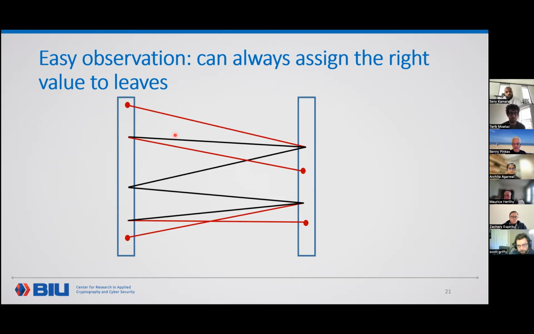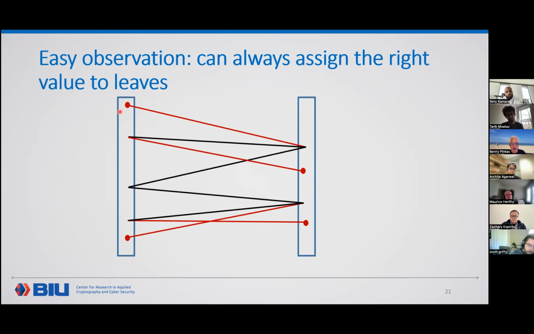What we see is that in this graph, this is a leaf because this node has only one edge going into it, so there's only one constraint. So we can fix values to all other nodes in the graph. After we fix values to all other nodes, the only constraint remaining is that the XOR of this and this should be equal to something.